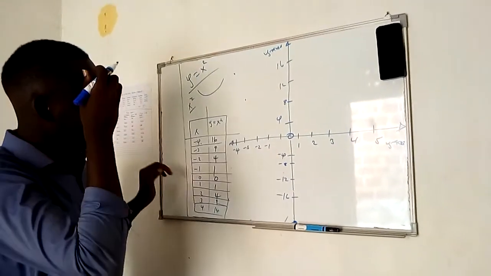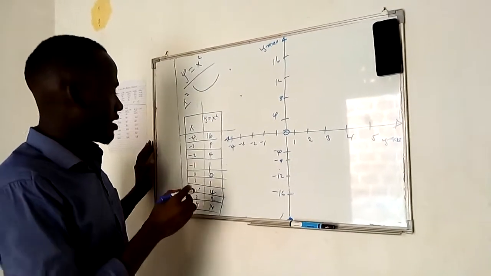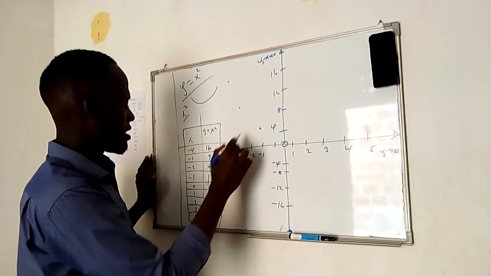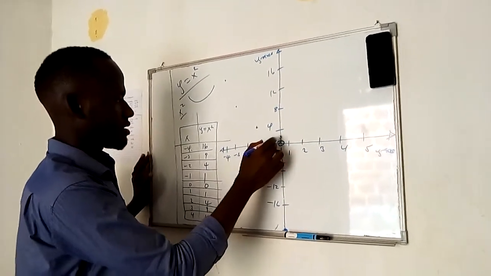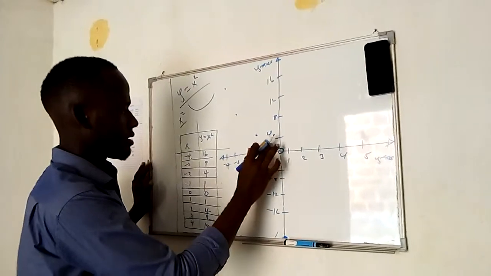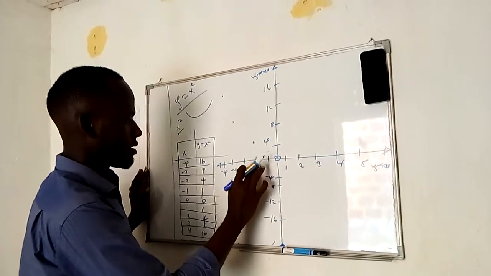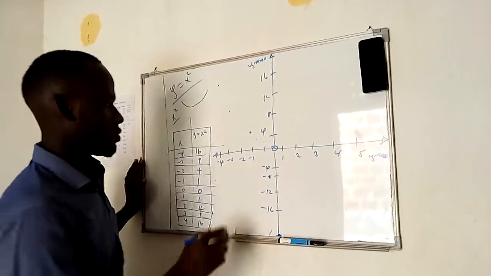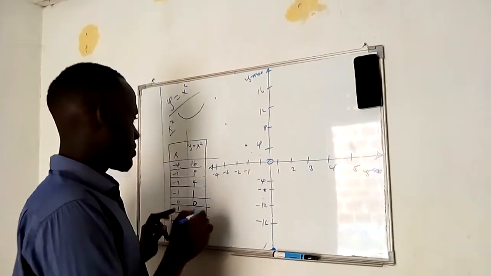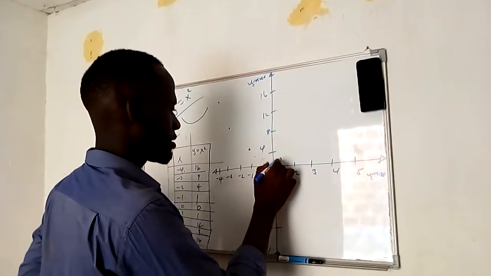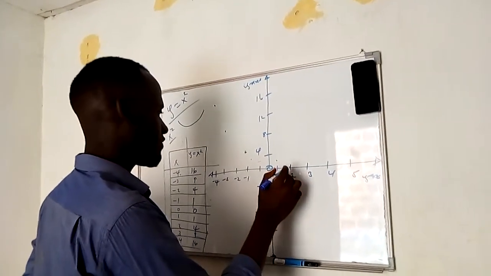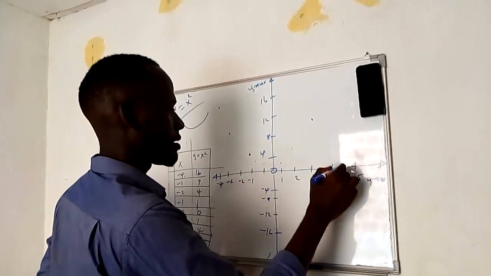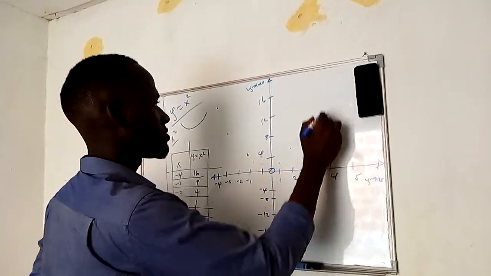So now, where are we? We are on the -2. -2 has 4. It is already here. -1 has 1, it is here. Okay. So 0 on 0, 1 on 1 is around here. 2 on 4, 3 on 9, 4 on 16.